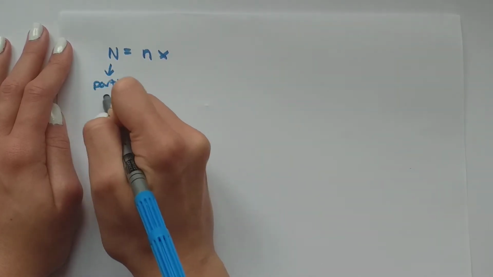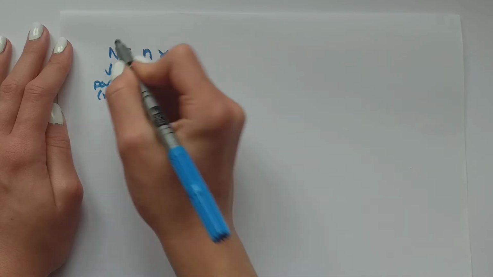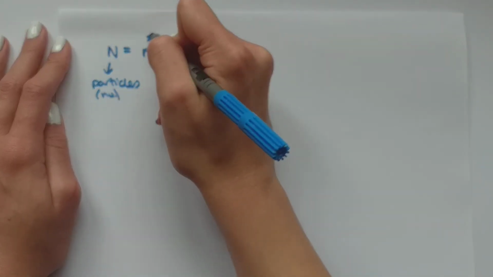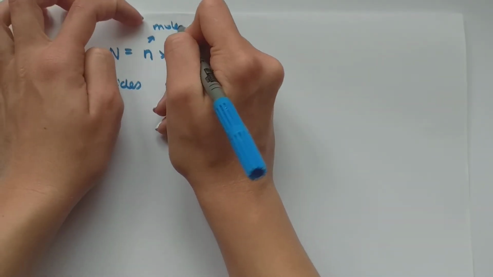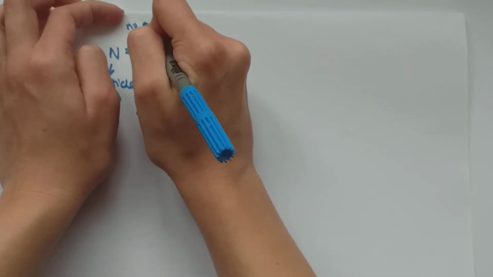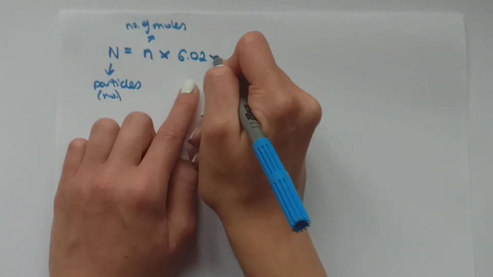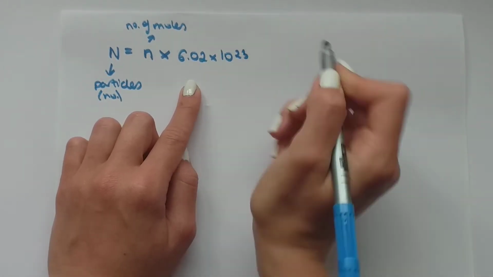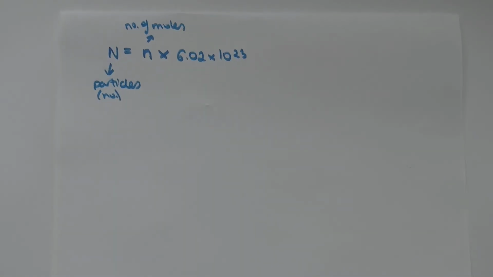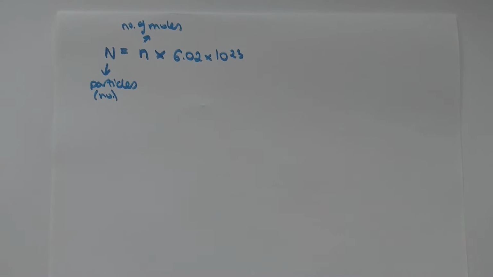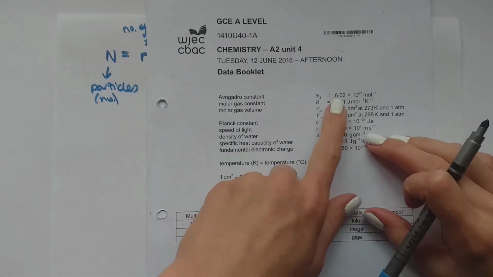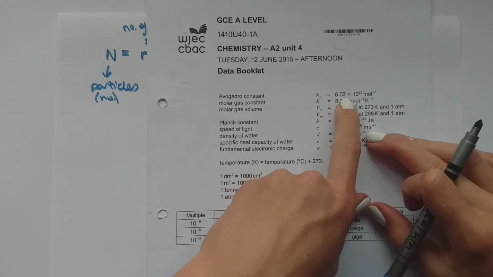So we're trying to find the number of particles. Little n is the number of moles, and we multiply this by Avogadro's constant, which is this very big number. You don't have to remember this number because you are given this on your data booklet.